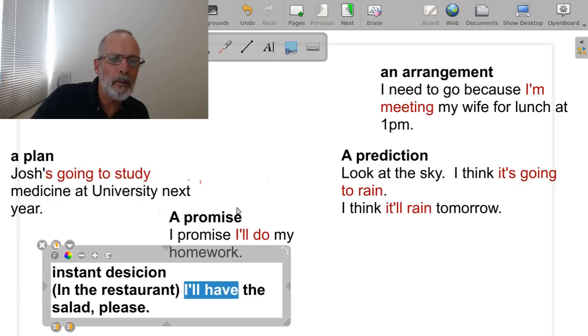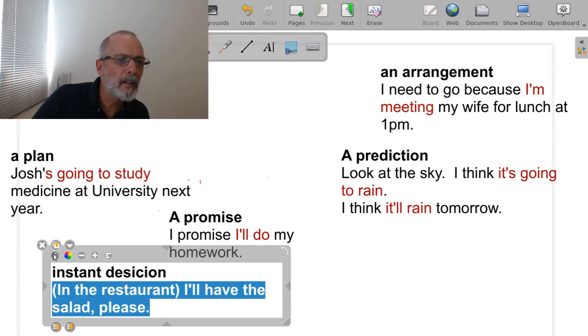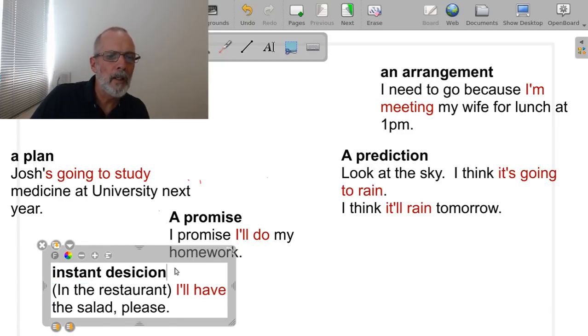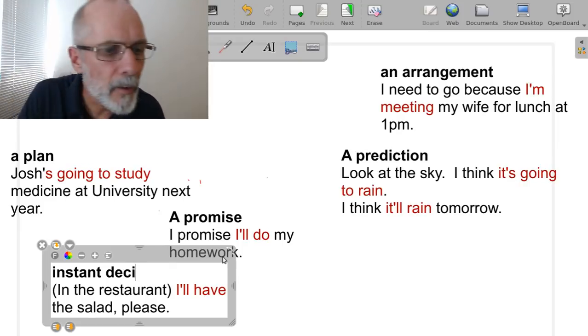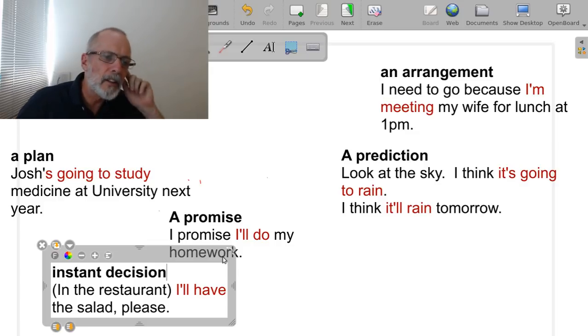So here we're going to put this red, so we can see the structures. Sorry, I've got a problem with the program. That's spelled wrong. It's the other way around, it should be like that, an instant decision.